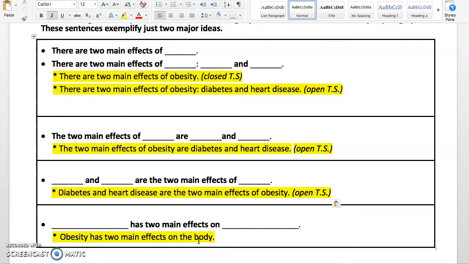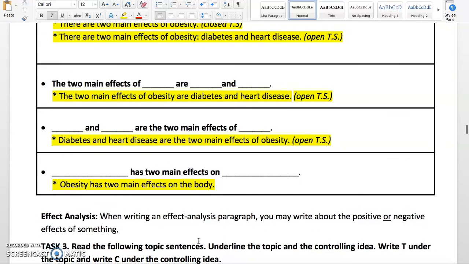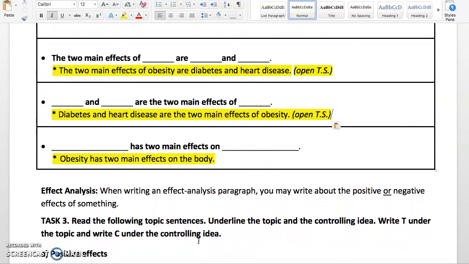All right. Now, in task 3, we have some topic sentences for both positive effect and negative effect paragraphs. Pause the video and have a look at these topic sentences and find the topic and controlling idea in each of them.